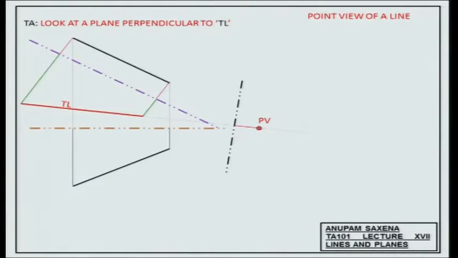Let me see if I can explain this better. So as far as visualization goes, how would you describe this hinge line with respect to, let's say, this hinge line?